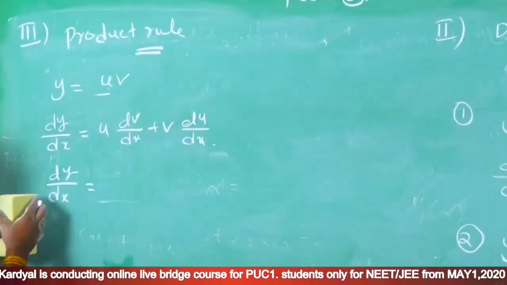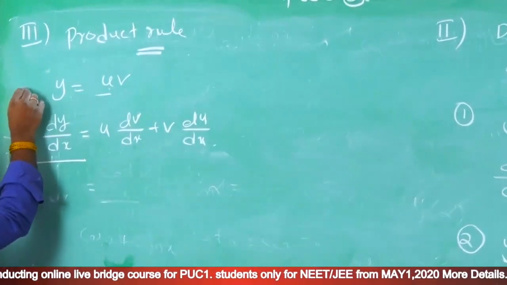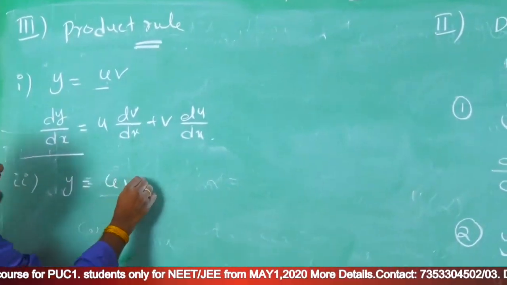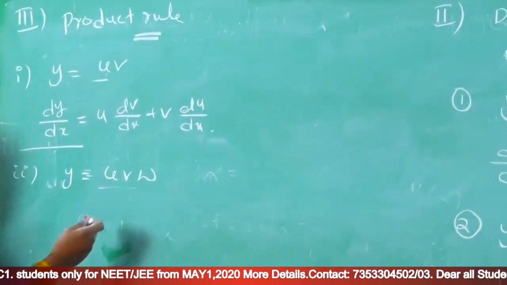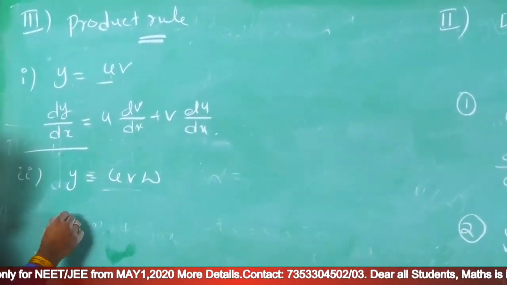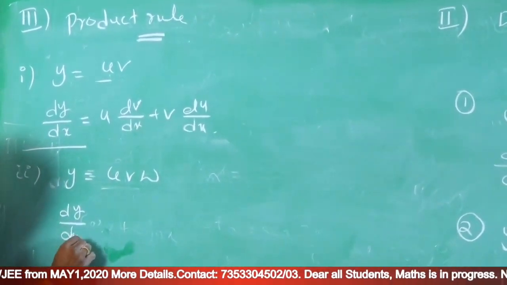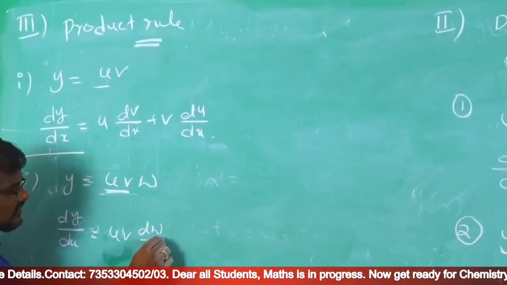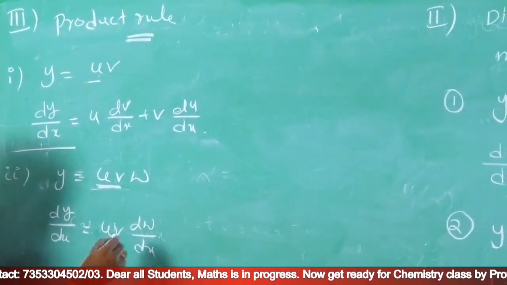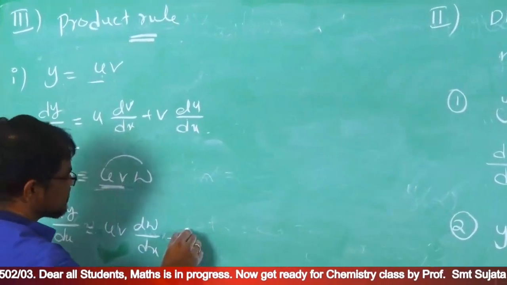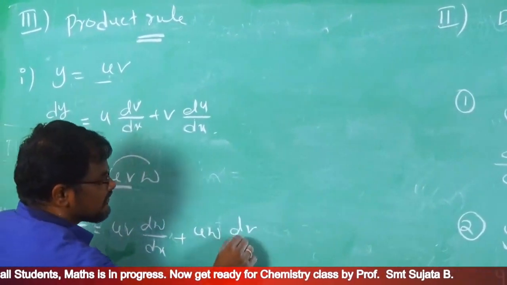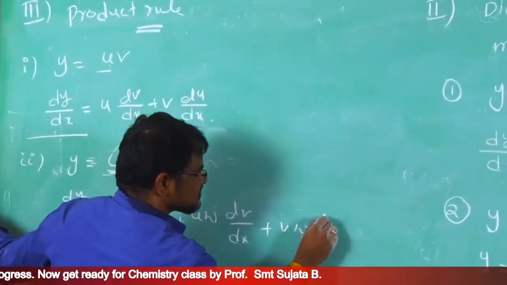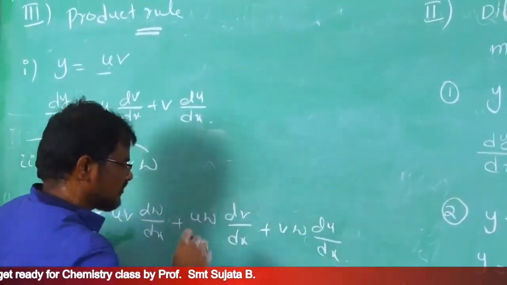Suppose y equals u v w, a product of 3, and it can be more than that. dy by dx equals, keeping these two functions as it is, u v, differentiate the third one, plus u w dv by dx, plus next v w as it is, du by dx. Like this you can take.